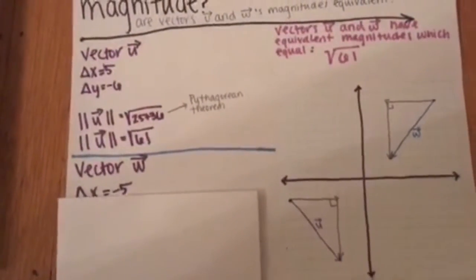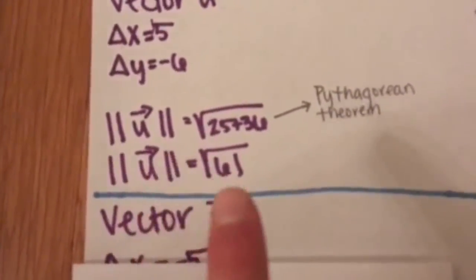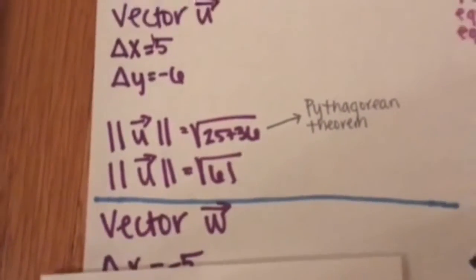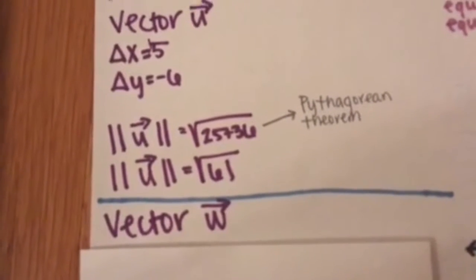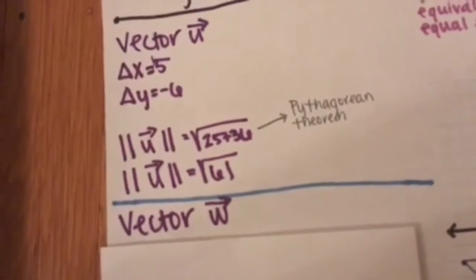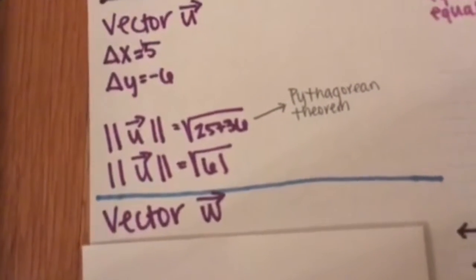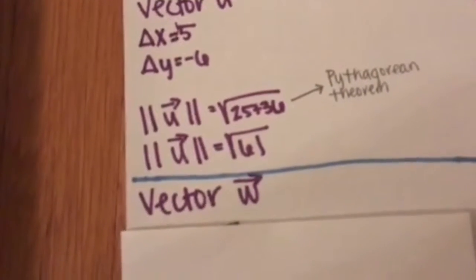So if you use the Pythagorean theorem to solve that, you can say that vector U is equal to 25, which is 5 squared, plus 36, which is -6 squared. And when you use the Pythagorean theorem to find the answer, you take the square root of the sum of the two. So vector U is equal to the square root of 61.